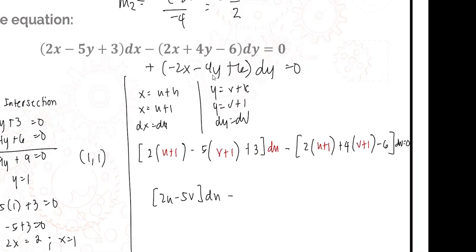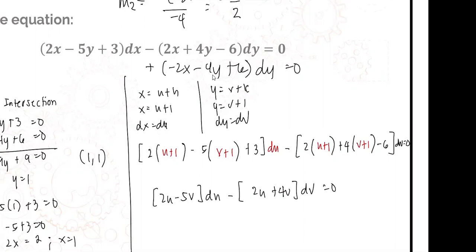Next is yung kasunod na term is ito is 2 times 1. So 2, 4 times 1. So meron tayong 2 plus 4 is 6. Minus 6 will be 0. So matitira sa atin is 2u plus 4v times dv is equals to 0.